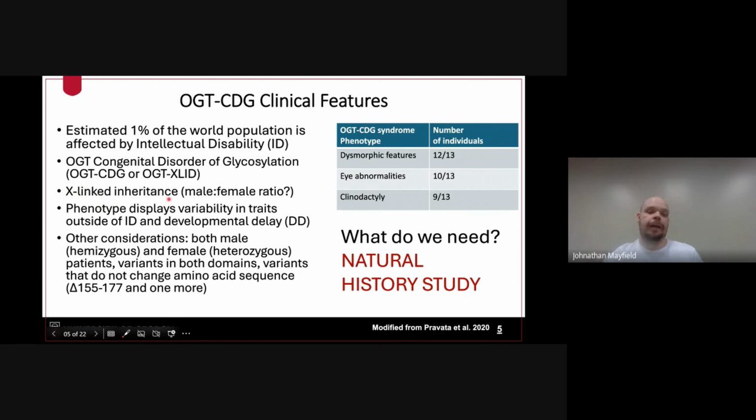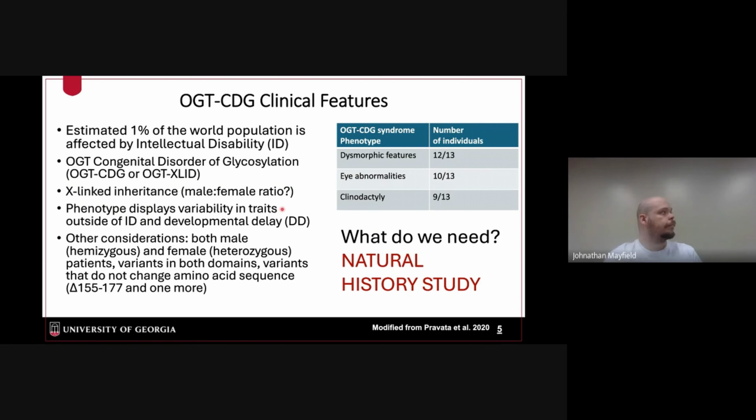But then on the other hand, we have some variants, some patients that are female. So there's some more work that needs to go into understanding what this inheritance pattern looks like. And one good thing that would help with that is understanding what is the male to female ratio. And that'll get into this big point in a moment.